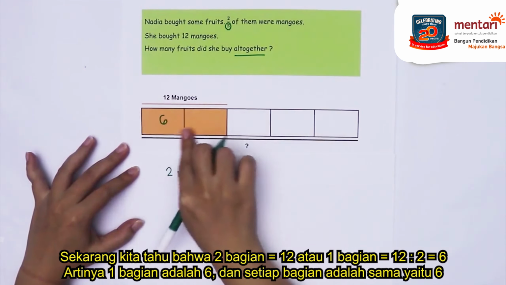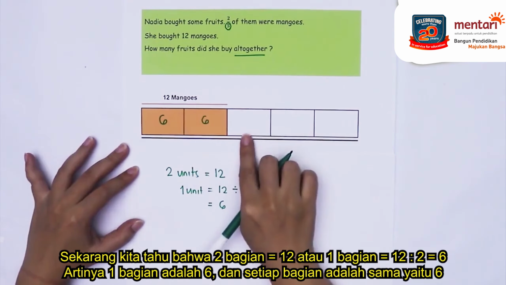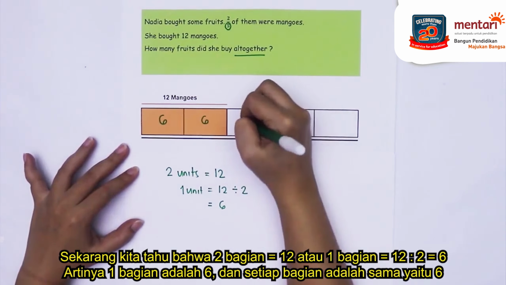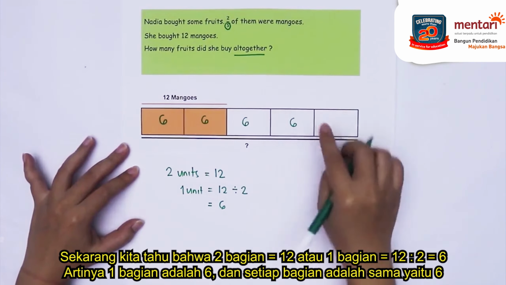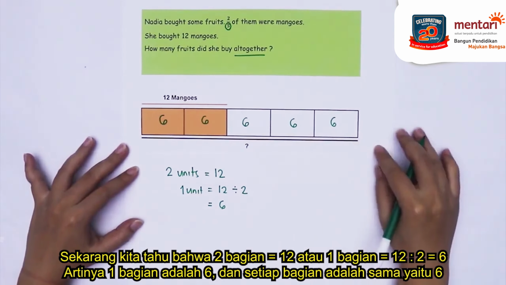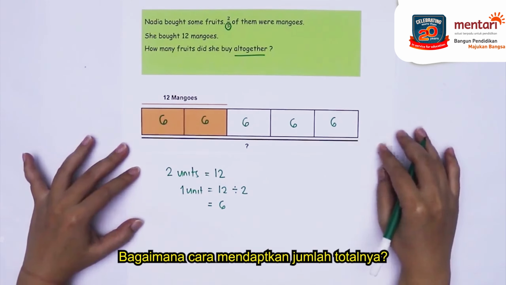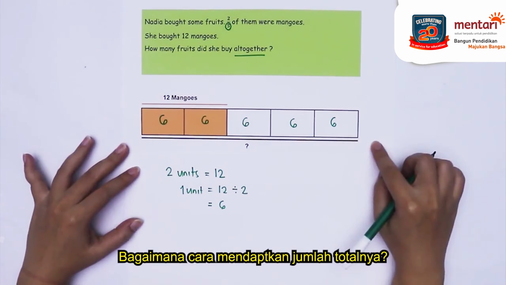This is 6, and this is 6. So what is this? 6 as well. What is this? 6 as well. And what is this? 6 as well. So what can be my equation? What's the fastest way to get the total?